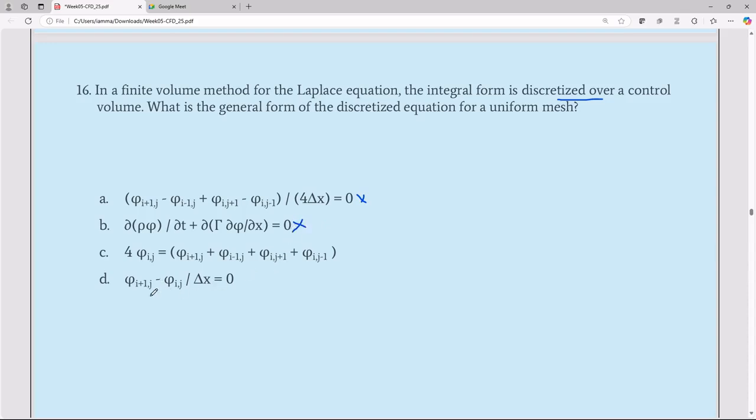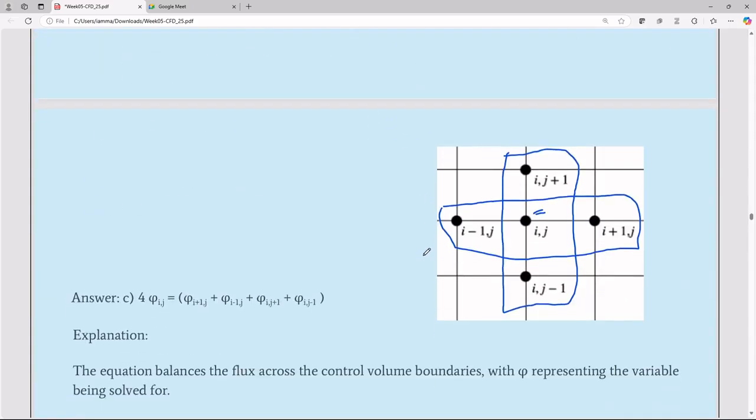Then in another there is only one side, just a forward differencing method, so discretization is only there. So all of these can be neglected. From the options itself, you can easily choose the right answer, option C. Moving on to the next question.